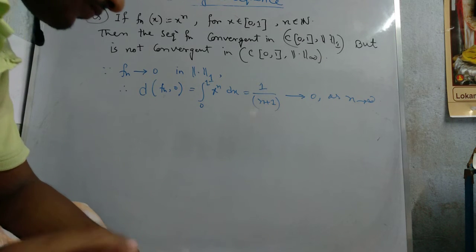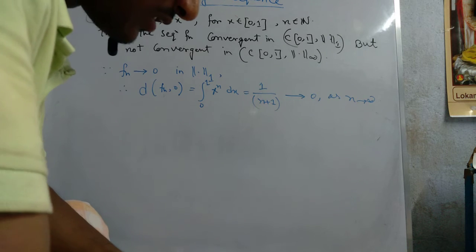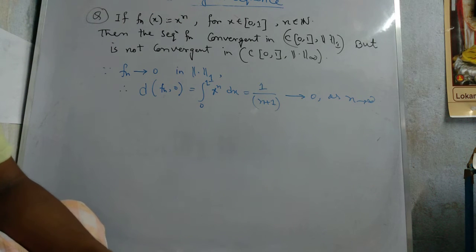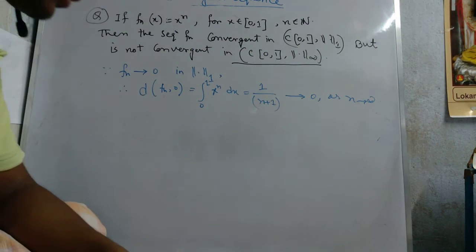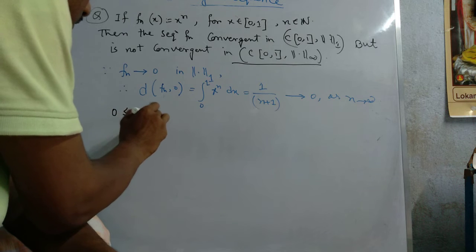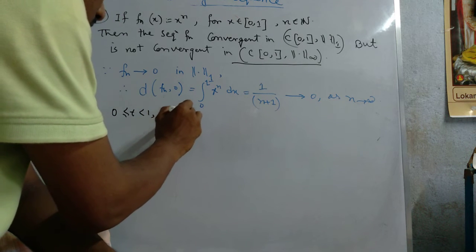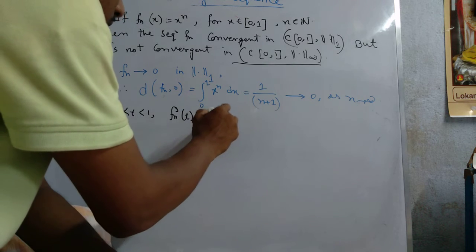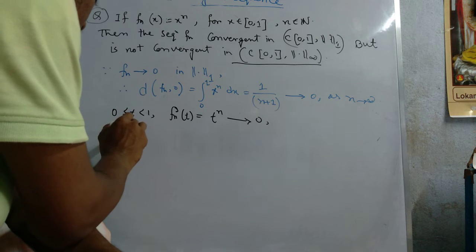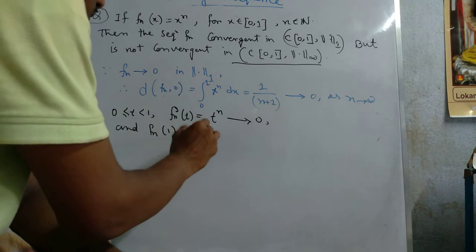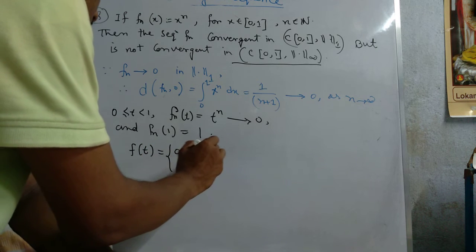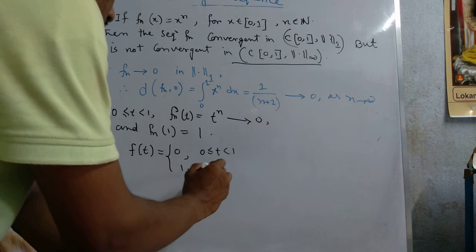Now we discuss this one, which is not convergent in C[0,1] with the infinity norm. How? Because for 0 less than t less than 1, fn(t) equals t to the power n, which tends to 0, and fn(1) equals 1. So the limit f is 0 if 0 less than or equal to t less than 1, and 1 if t equals 1.